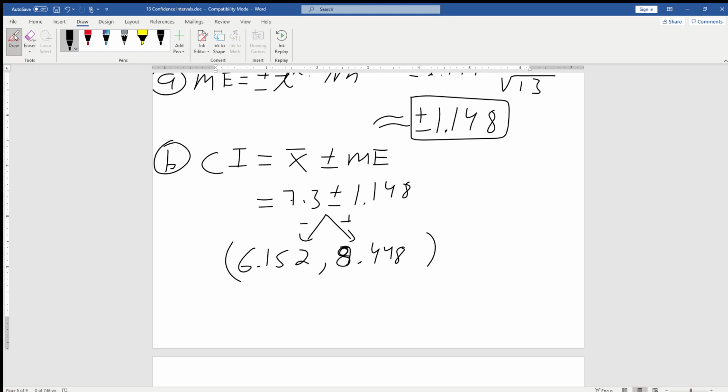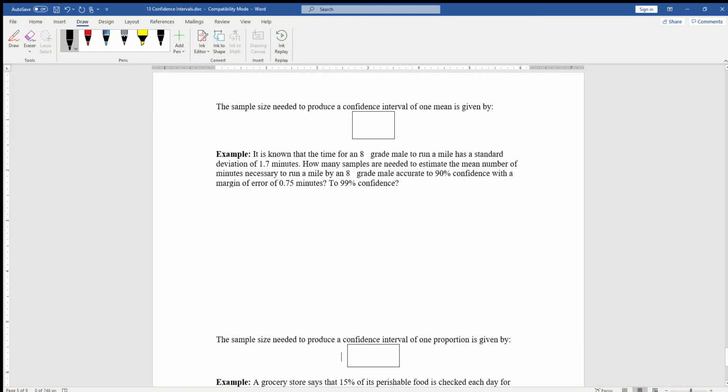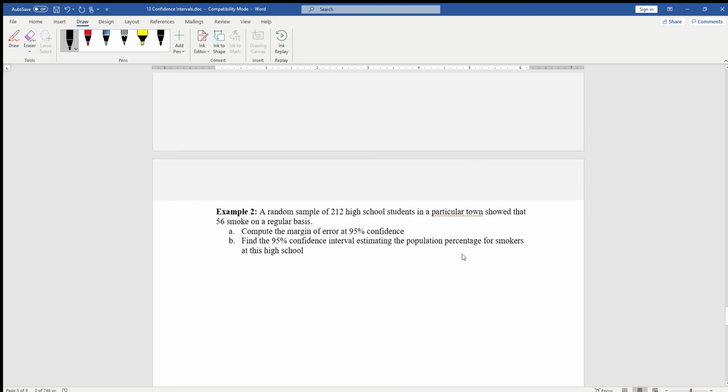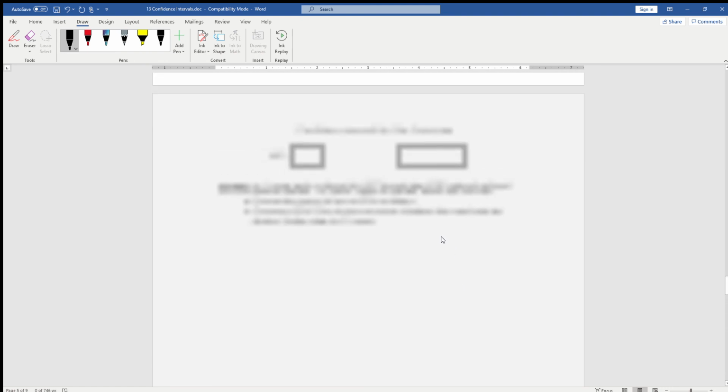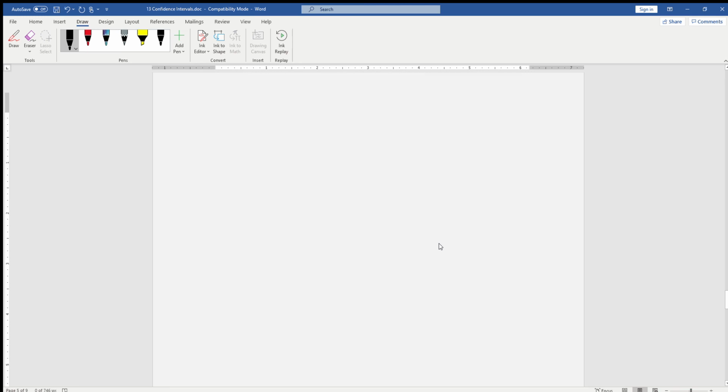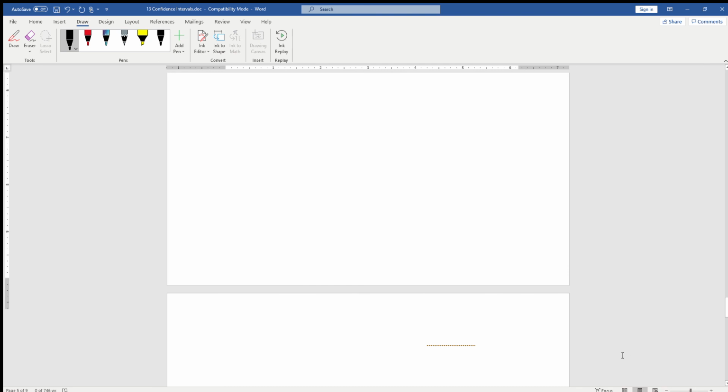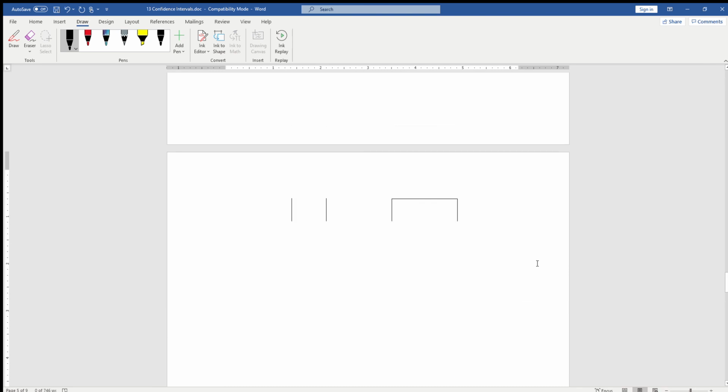Last thing, we're going to describe what this means. Remember, this is a representation of all. Let me go back up here. My computer is giving me a bit of a fit at this point. Let's see what we can do. Maybe it'll reset itself.